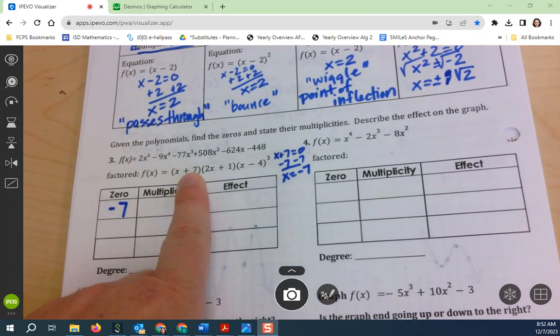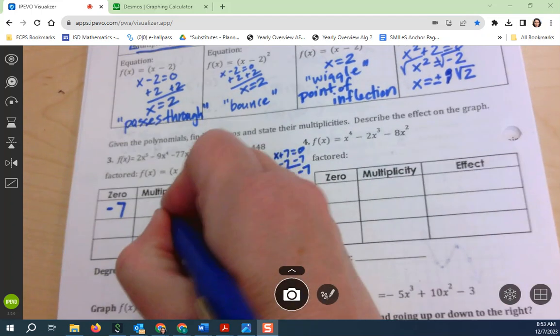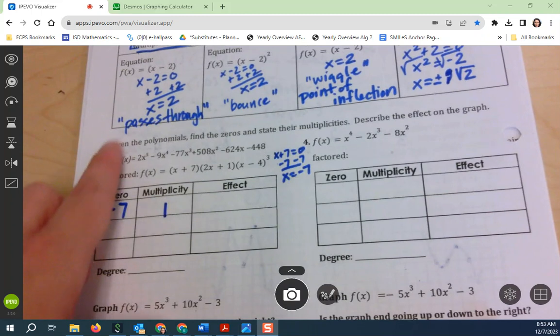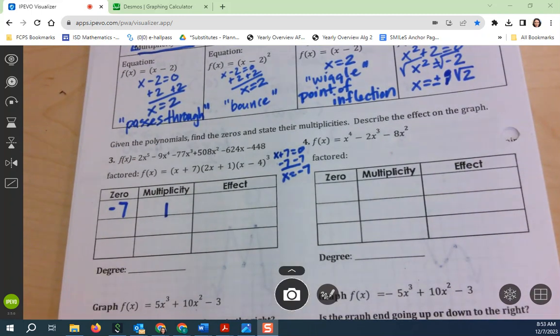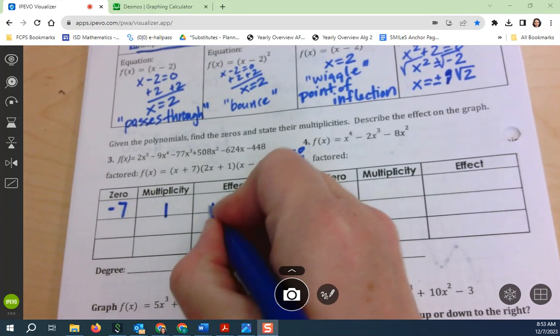How many times does the factor appear in the equation? Is it squared? Is it cubed? No. This one's not, so it appears just once. So its multiplicity is 1, which means it's going to pass through. So on the graph, we would expect it to pass through the number -7.